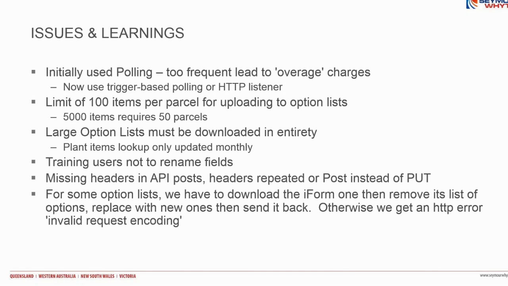And again, working with large option lists, because they have to be downloaded in their entirety, that takes a long time, so we really limit the updating of that plant items option list. The lookup tables, on the other hand, will only download the new lookups. So we download new fields into that lookup table every time, but the option list, we do have to limit how often that's downloaded just because of the size of it.